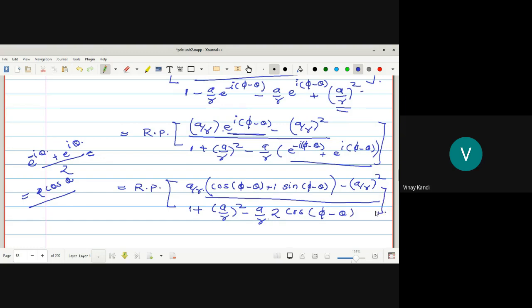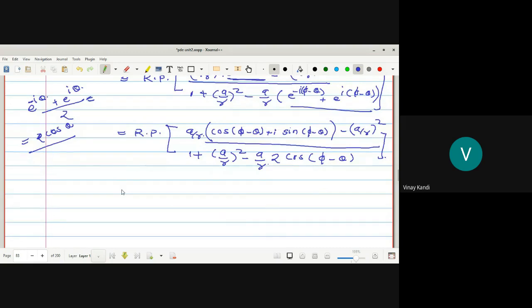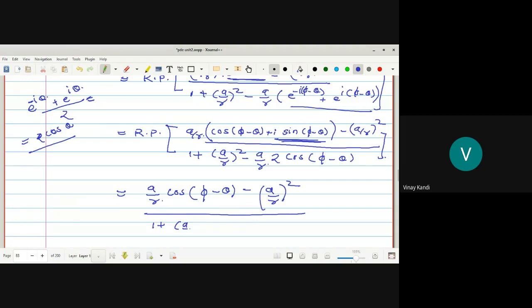Okay, now take the real part of this one only. याचा रिअल पार्ट काय येईल, फक्त हा टर्म, हा कॅन्सल होणार नाही. ओके सो a upon r cos phi minus theta, minus a upon r bracket square divided by whole denominator. ओके एनी डाउट? कोणाची व्हॅल्यू आली?